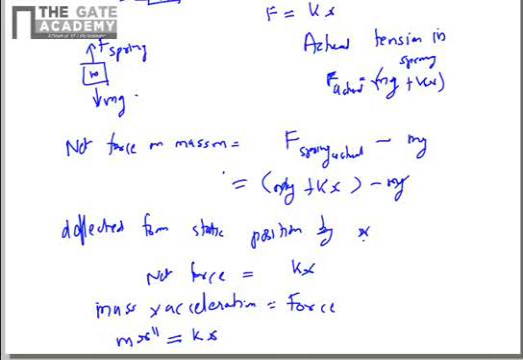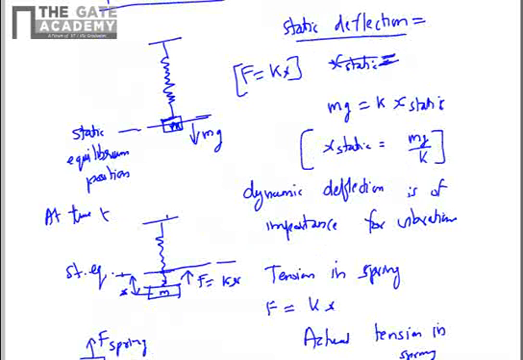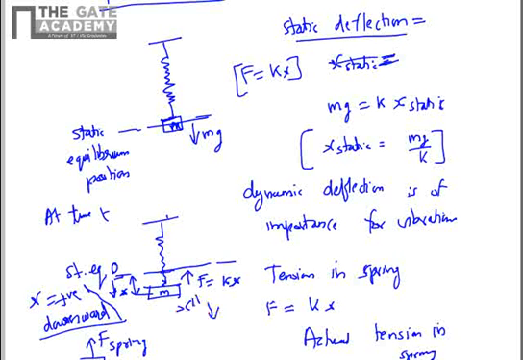However, here you have to pay attention to the sign convention. Now in this diagram, if this is the zero position and x is considered positive downwards, you can take the opposite also, but you have to be consistent in your convention. You cannot take two conventions at a time. So x is positive downwards, so x double dash will also be positive downwards.